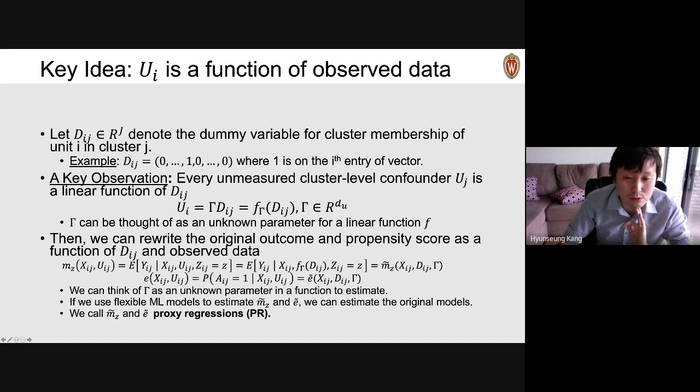Similarly, for the propensity score, once you replace U_ij with a function of gamma, you have a function of X and d, and gamma can be absorbed as an unknown parameter. These are known as proxy regressions, because they're proxies of the unmeasured variable using the observed variable d. We can use very fancy machine learning methods to estimate these and get a proxy estimate of the conditional expectation given the unmeasured variable.